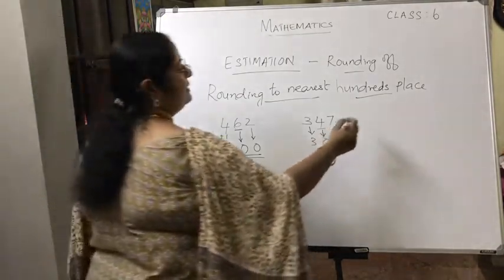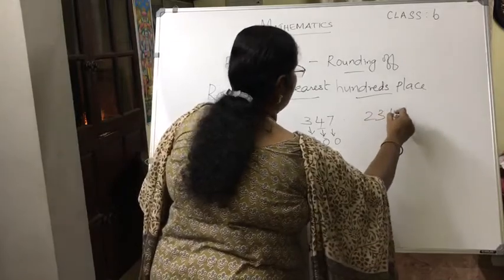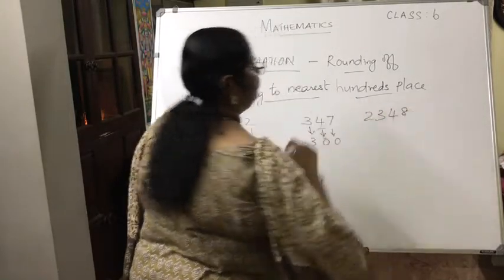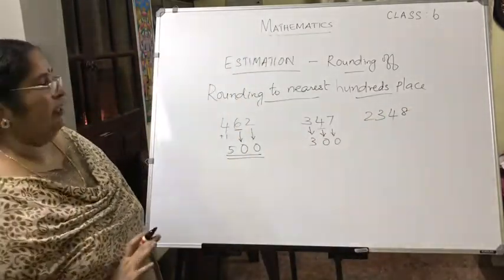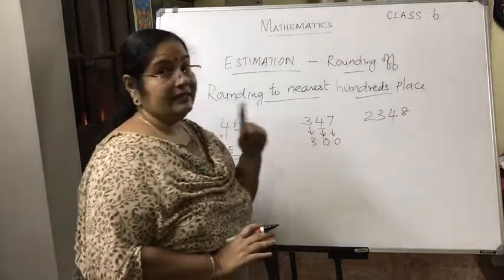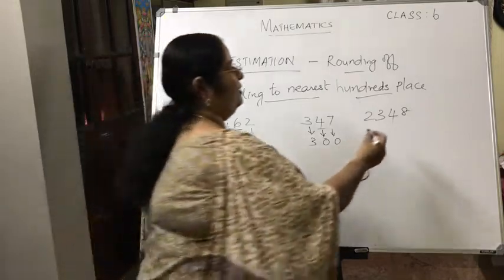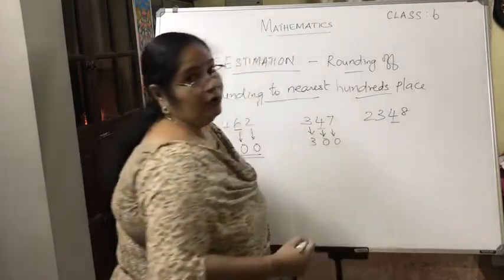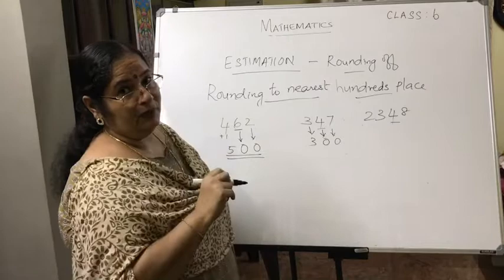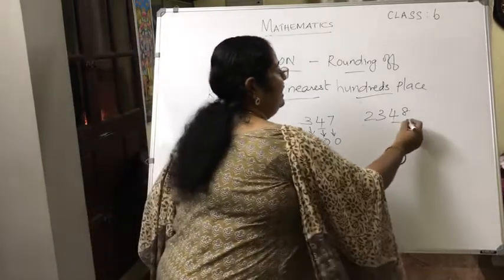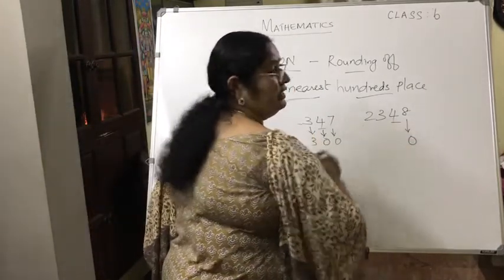One more example. Suppose it is 2348. You are also to round this to the nearest hundreds place. Which place digit will you look into? Tens place digit. What is the digit there? 4. Which group? First group. So what will you do? Change the ones place digit to 0.